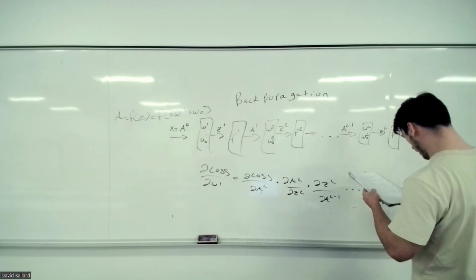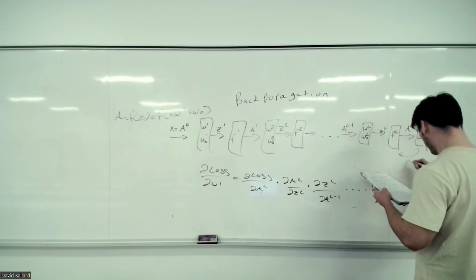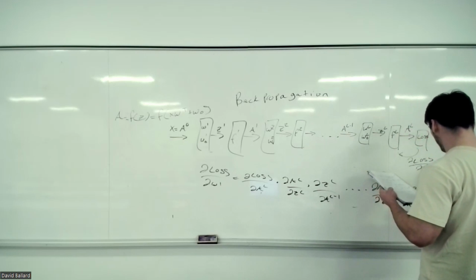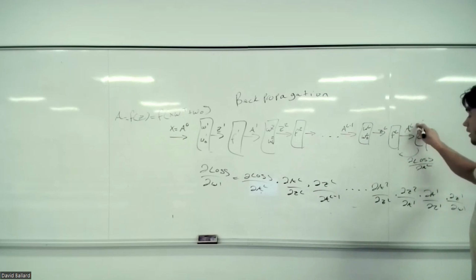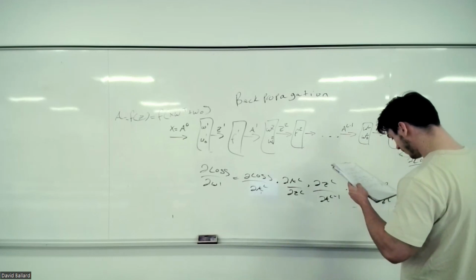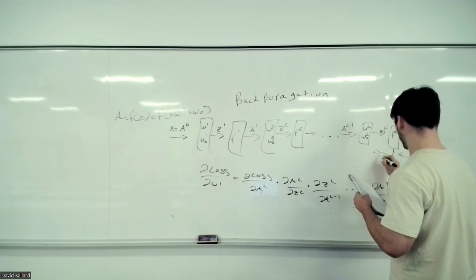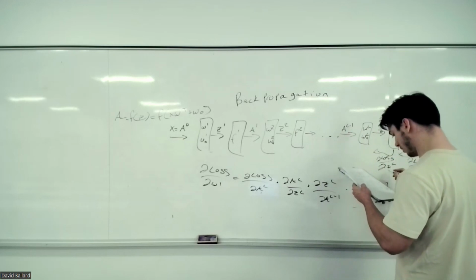Again, from here, we're running back through the network and saying, how did my loss change with respect to my last activation? And then this is passed through: how did my loss change with respect to our pre-activation?